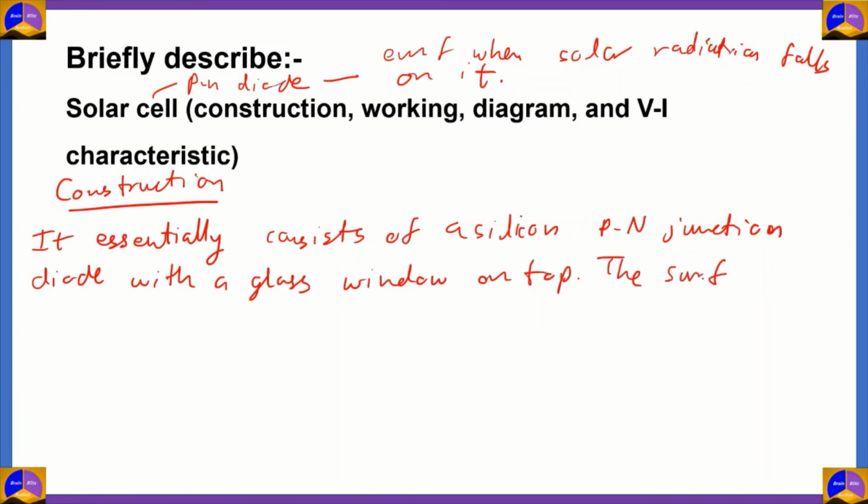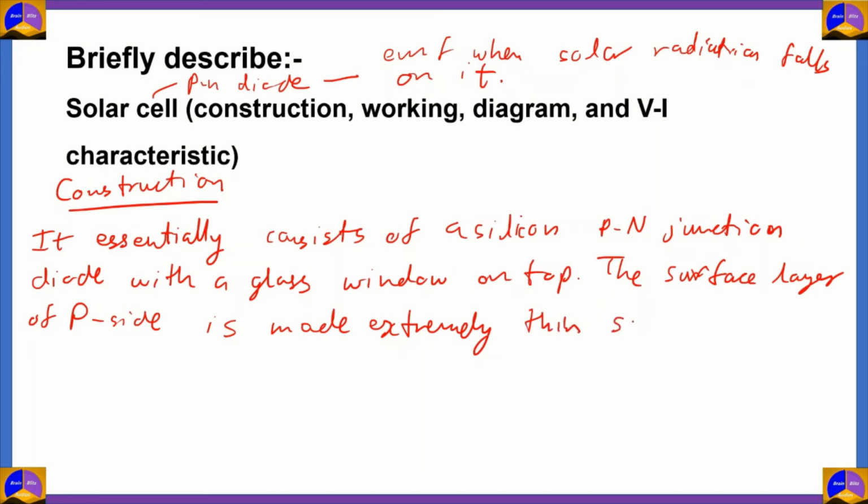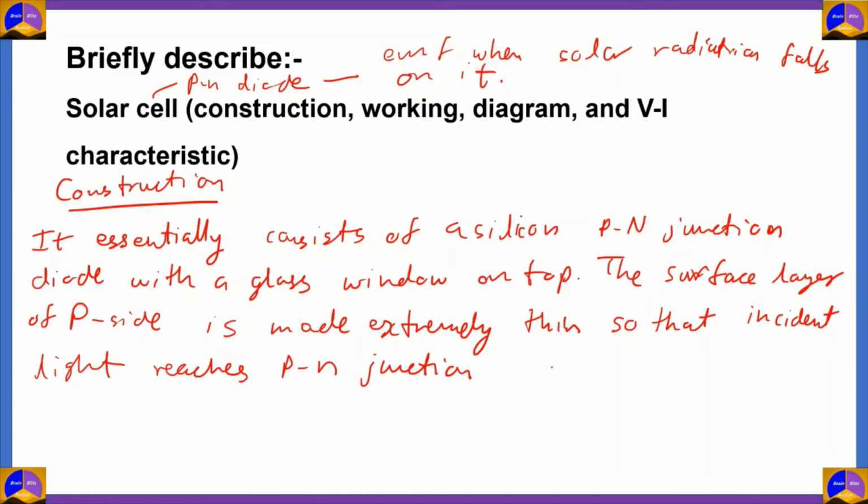The surface layer of the P side is made extremely thin so that incident light reaches the p-n junction easily. So this is the basic construction of a solar cell.